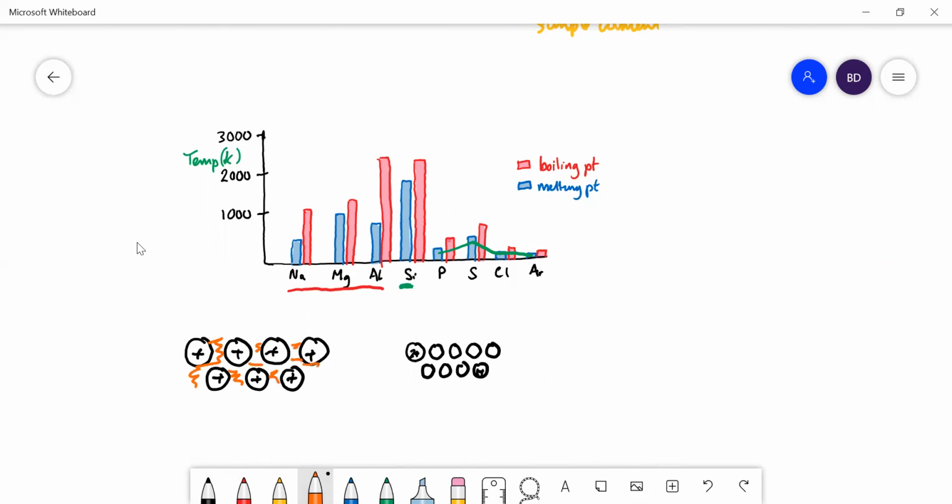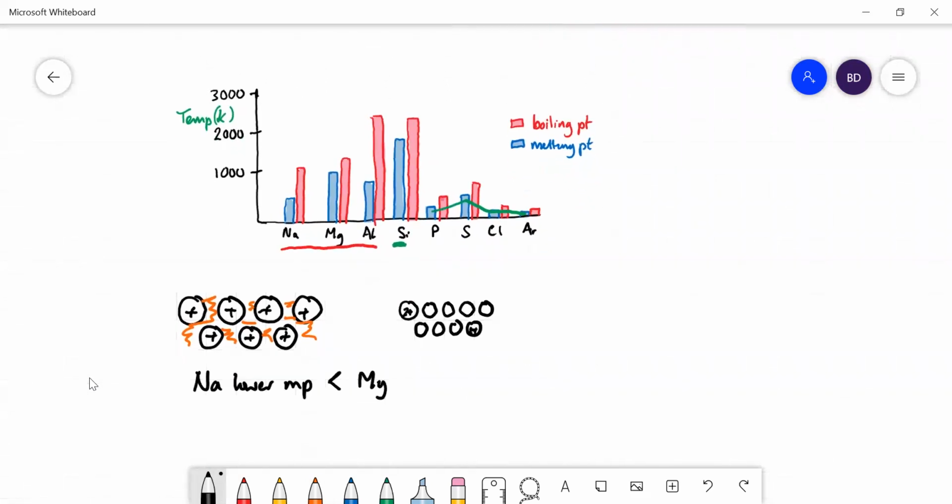Now, sodium has a lower melting point than magnesium, and there are 2 reasons for this. First, sodium only forms a 1+ ion, because its electronic structure is 2,8,1, whereas magnesium forms a 2+ ion because its electronic structure is 2,8,2.